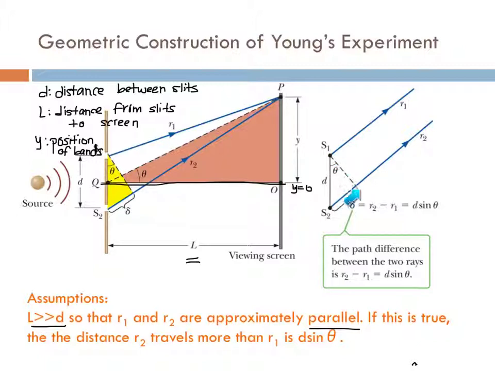If these two lines are parallel, then the distance that R2 travels more than R1 can be represented by d sine theta, where d is the distance between these slits and d sine theta is this bottom portion here.